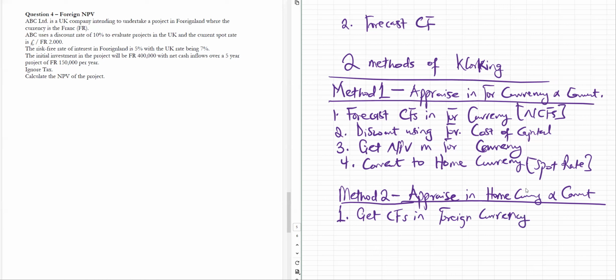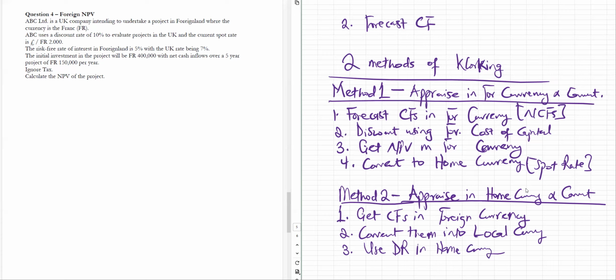Okay. And then we will convert them into the local currency, okay, or the home currency. We'll convert them into the local currency. Then after converting them, we will use our discount rate in the home currency or the discount rate for the home currency.